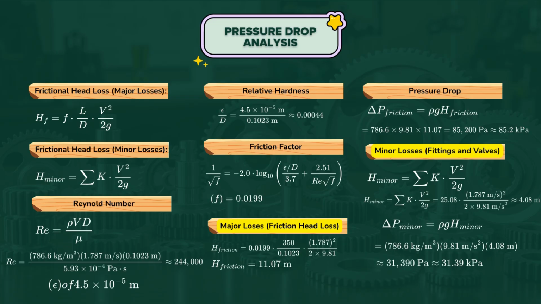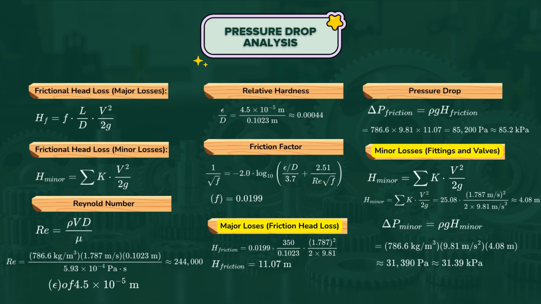The friction factor is determined using the Colebrook-White equation: 1 over square root of f equals negative 2.0 times log10 of (relative roughness divided by 3.7 plus 2.51 divided by Reynolds number times f to the power of 1/2).